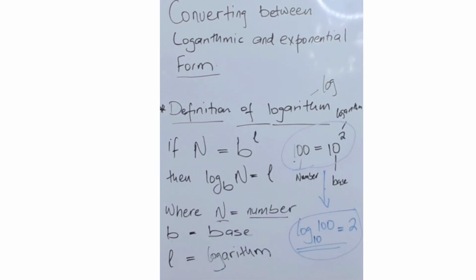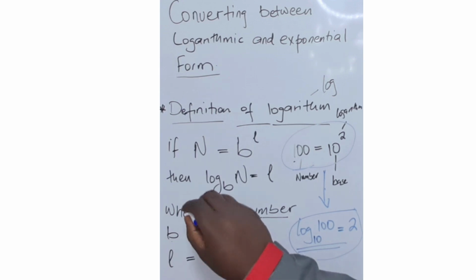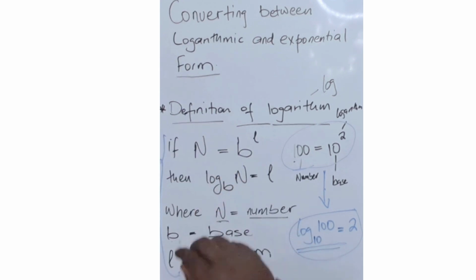Once you have that at your fingertips, it's going to be easy to solve many sums where you're required to convert from exponential form to logarithmic form, and vice versa, from logarithmic form into exponential form. But all of that requires you to understand this definition of the log.